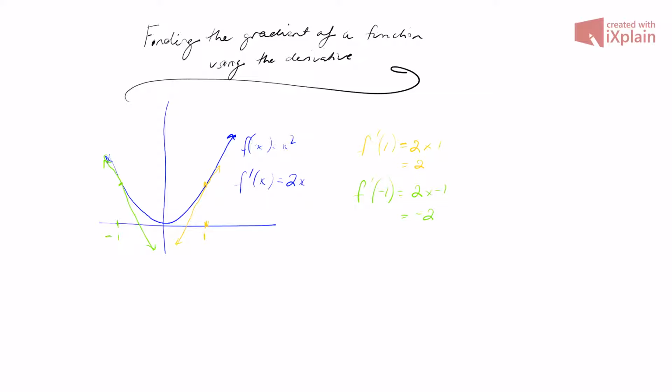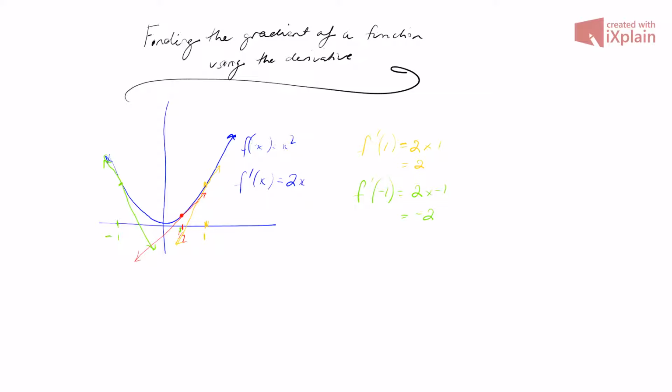One more example, let's have a look at x equals a half. So if we have a look at a half here, at that point on the curve there, this tangent line is still positive, but it's not quite as steep as it was at x equals 1.